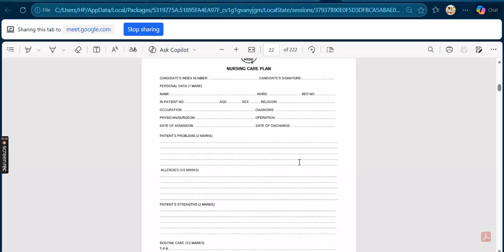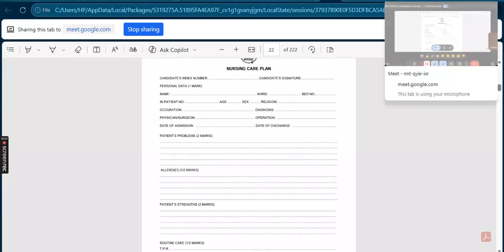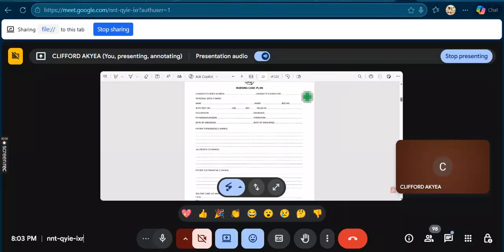So you write the patient's name there, the ward number there, the bed number also there. Inpatient's number is the folder number, the age of the patient, the sex, religion, if patient is a Muslim, if patient is a Christian, a Buddhist, and so on. It is whatever. The occupation of patient too must be there.